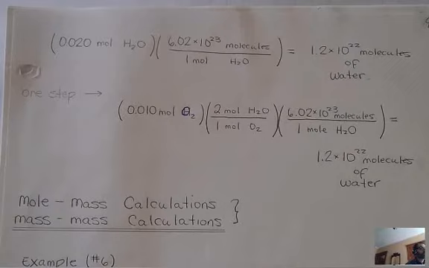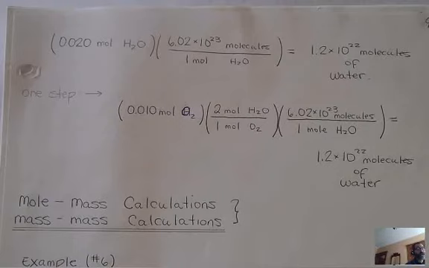So rather than starting with moles and ending up with moles, we're going to start with mass and end up with mass. The key to this is you're still going to have to go through moles. So what you're going to do is, first step, get from grams to moles using the molar mass from the periodic table.